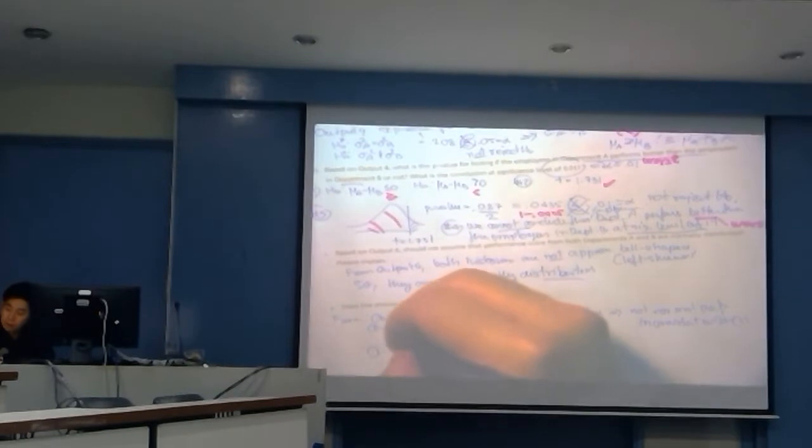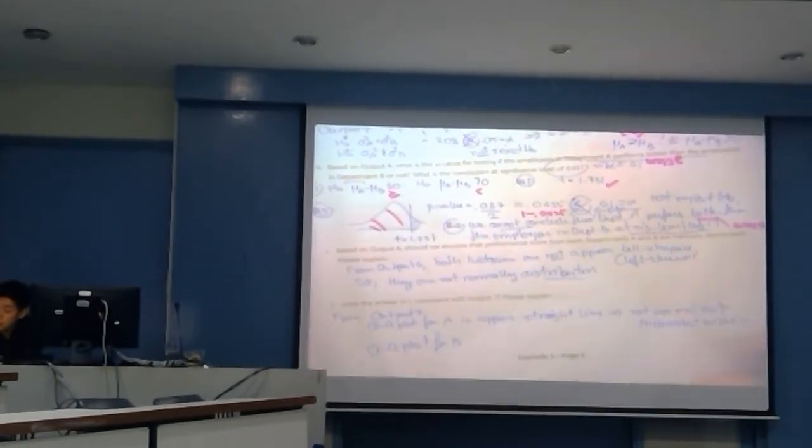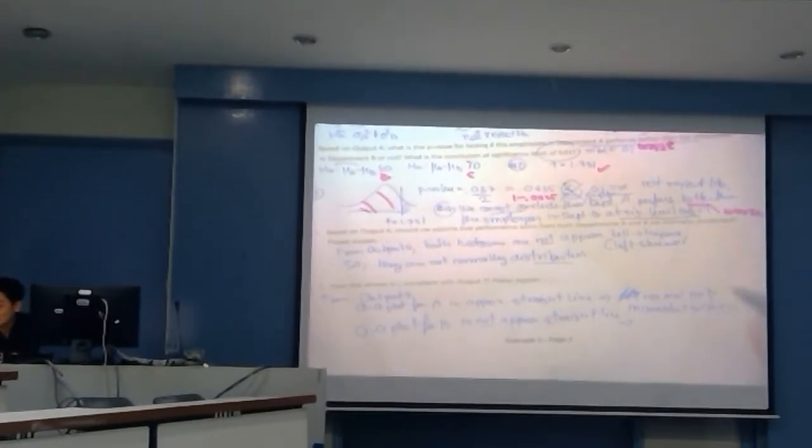But the QQ plot for B is not approximately a straight line. So, sorry, this one is. Wait, sorry. Not normal.